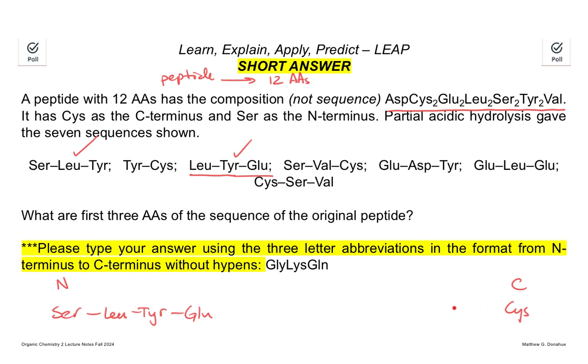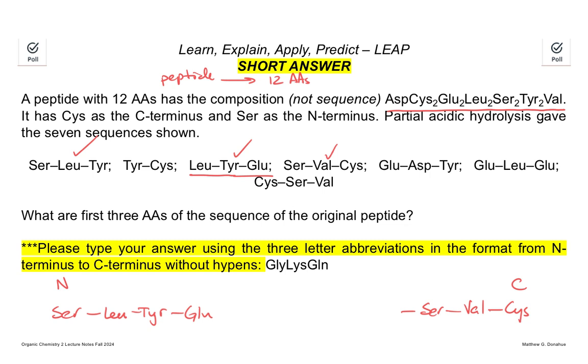So let's stick that in there and then see if we can get some more overlaps. Okay, so we have Ser, Val, Cys.